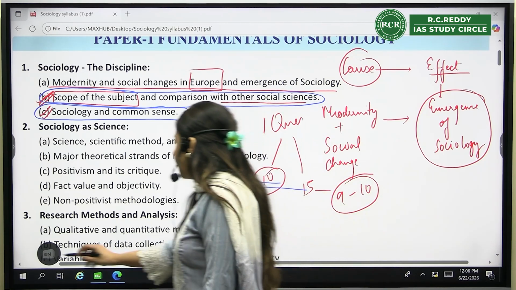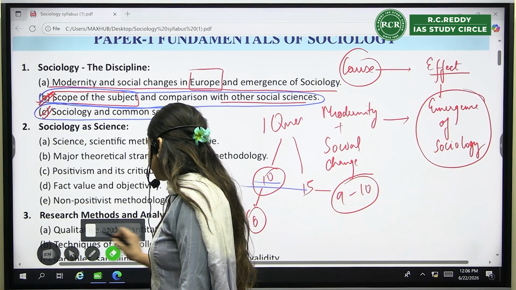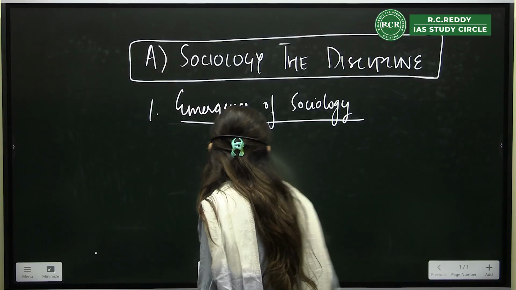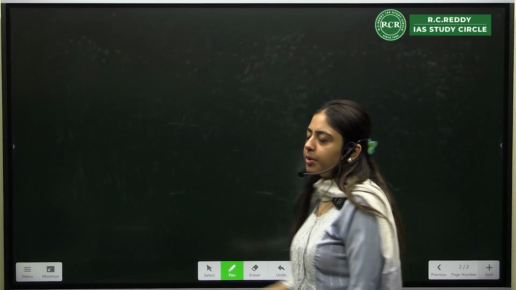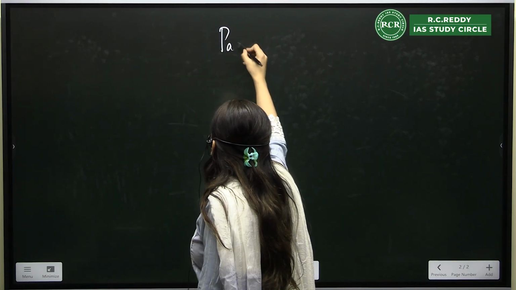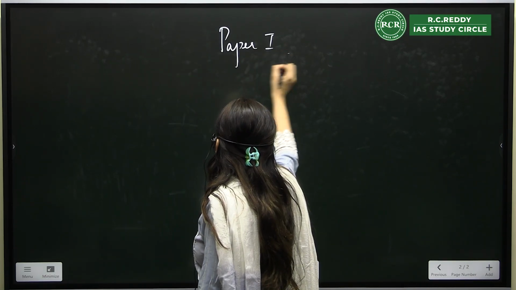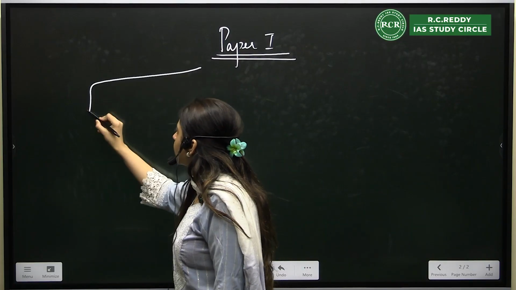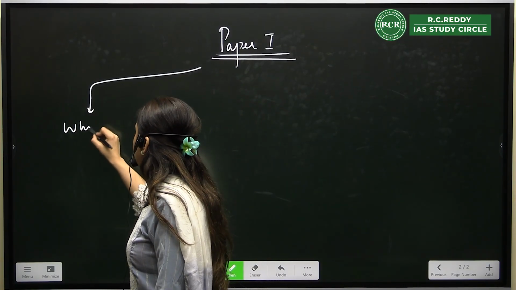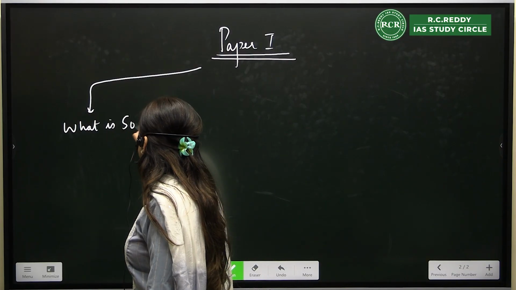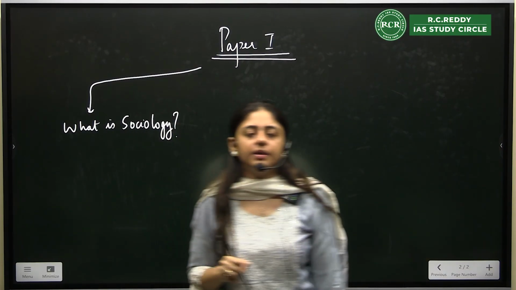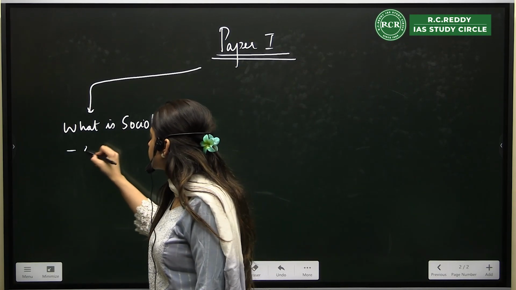Now, the next part of the syllabus is... before I move further, just let me do a broad classification, when we are talking specifically about paper one. One part is about what is sociology, where we will discuss its emergence.